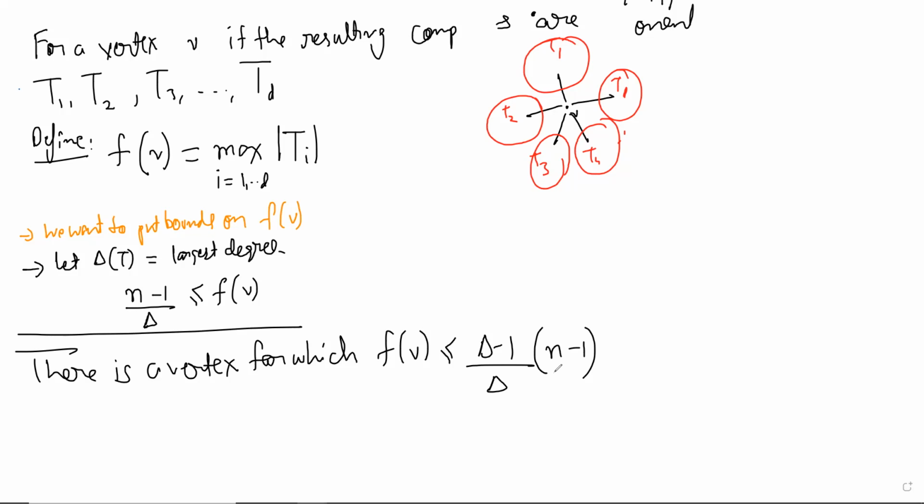So there is some vertex, maybe V naught, some vertex for which FV naught, for which the size of the largest component is upper bounded by this.